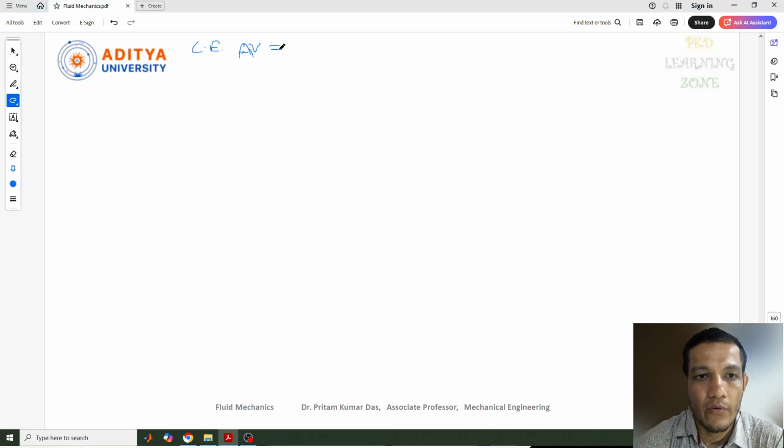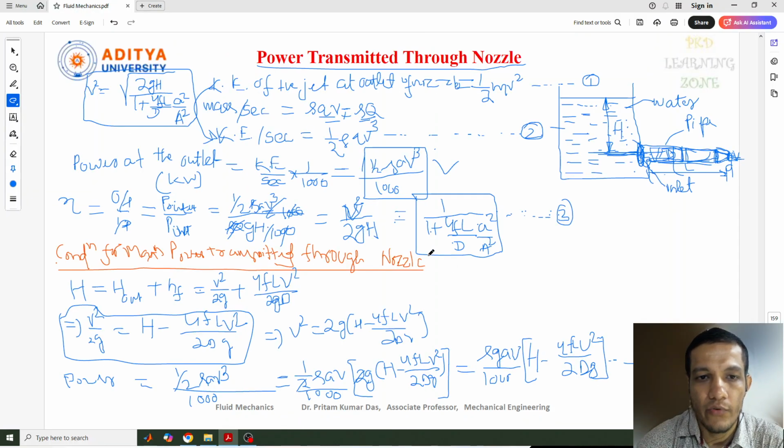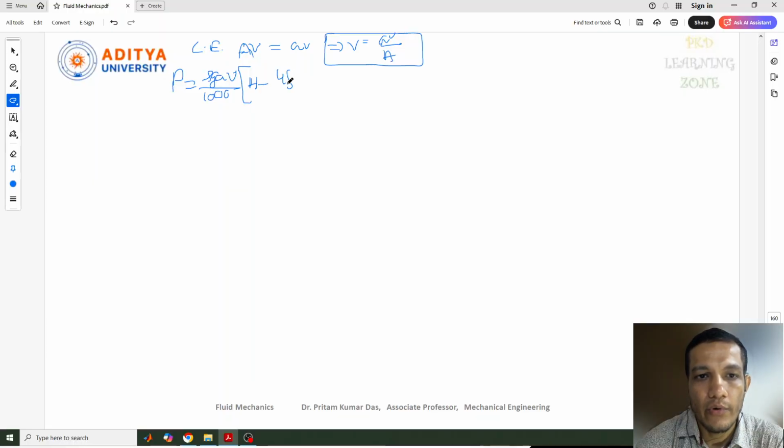In the pipe flow the area is capital A, and from the nozzle it is small a. So the velocity in the pipe equals small a V by capital A. Putting this value in the previous equation, the power transmitted through the nozzle equals rho g a V by 1000, bracket start, H minus 4fL, with V² replaced by a²V² by A², over the denominator 2dg, bracket close. So this is the equation for power transmitted through the nozzle.